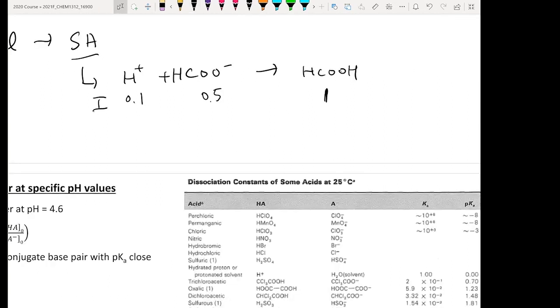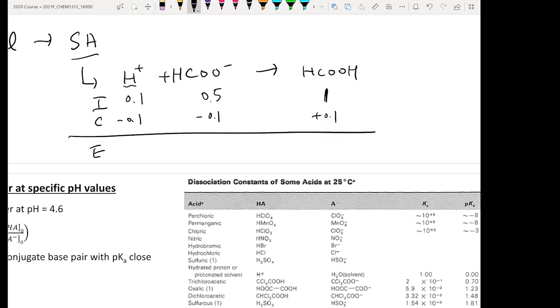The strong acid is going to interact with your conjugate base to form your conjugate acid, right? So this guy is the limiting reagent, so you consume it 100%. So you minus 0.1, minus 0.1, plus 0.1. Once you reach equilibrium, you don't have H plus, but you have 0.4 N of HCOO minus and 1.1 N of HCOOH.